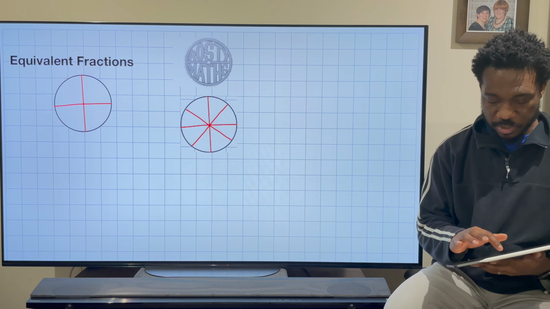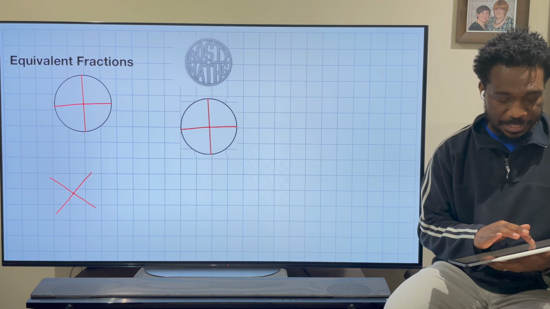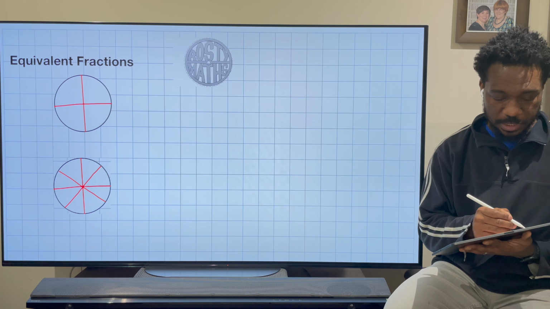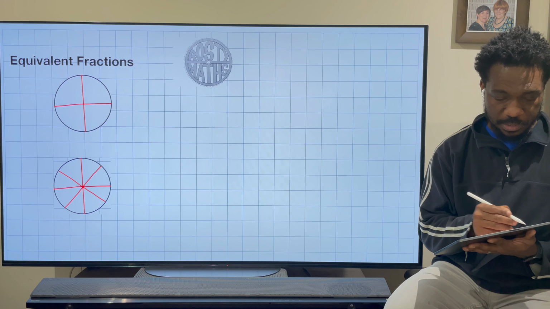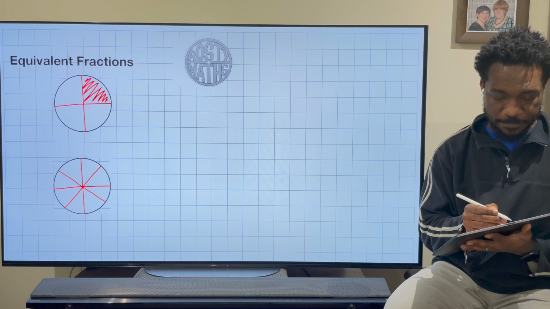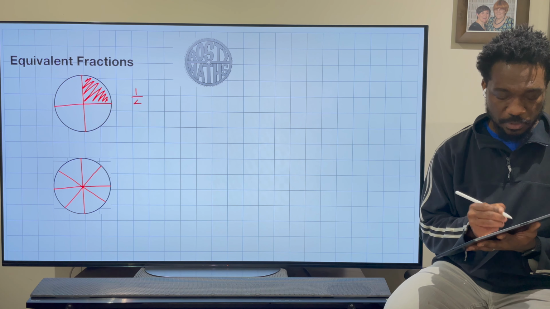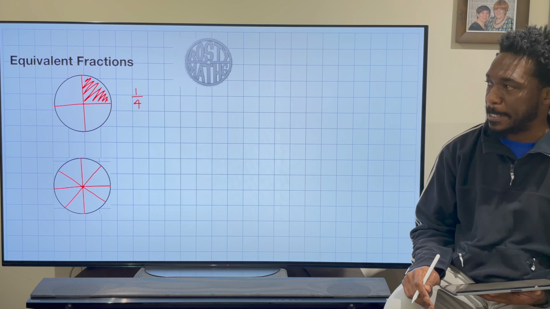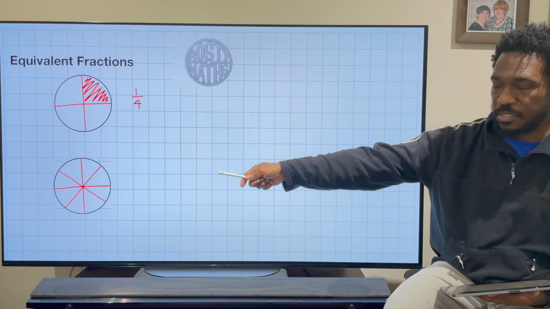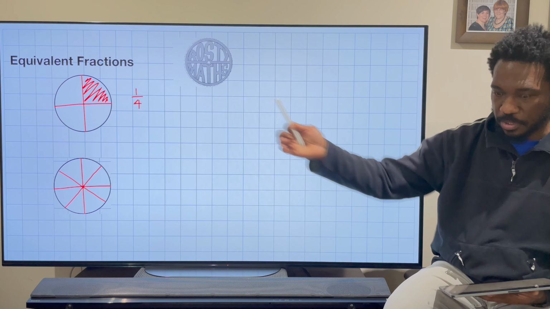Well, equivalent fractions are fractions that are exactly the same. So for example, if I decide that I want to eat a quarter of this pizza, I will eat here, which is 1 out of 4. So that's a quarter. But I can also eat the exact same amount of pizza if I eat the bottom one, which is exactly the same as the top one.